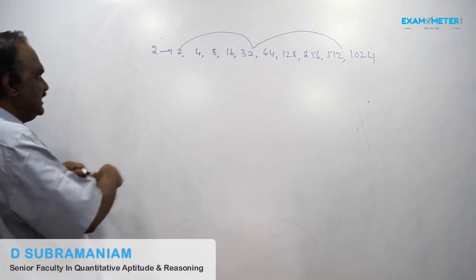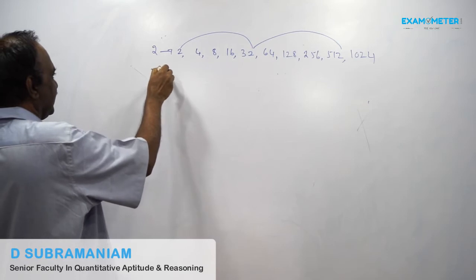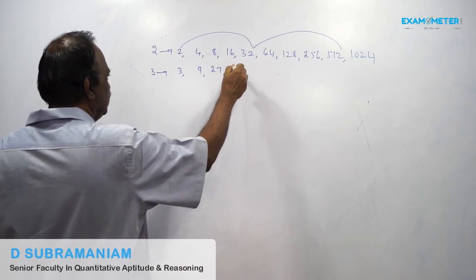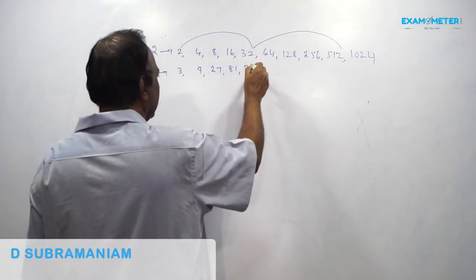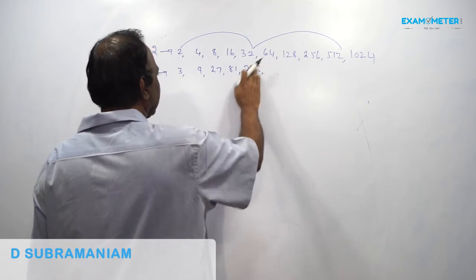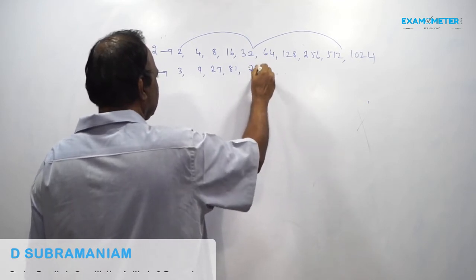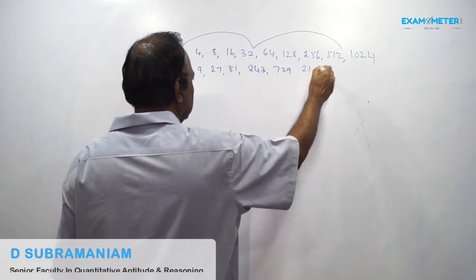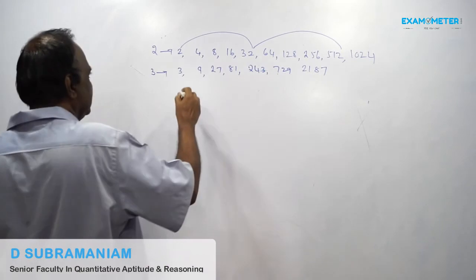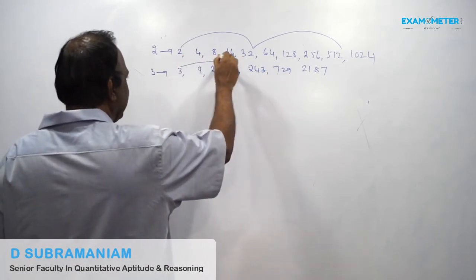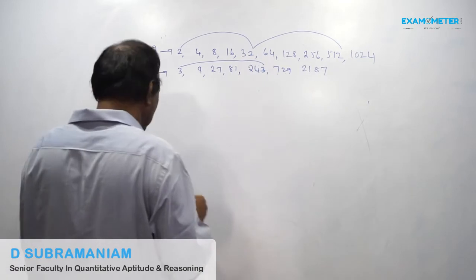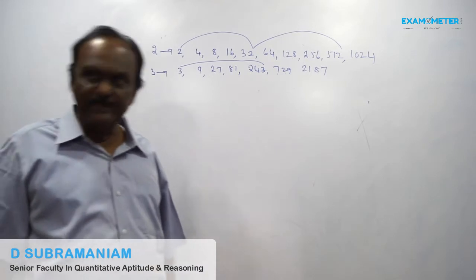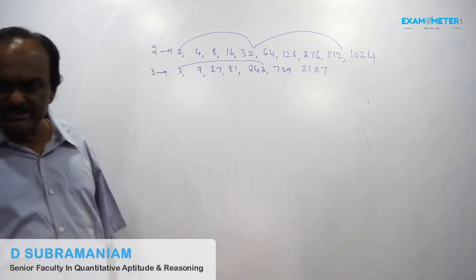Now take the 3 series. 3, 3 square, 3 cube, 3 power 4, 3 power 5, 3 power 6, 3 power 7. 3 power 1 is 3, 3 power 5 is 243, so the unit place is the same.